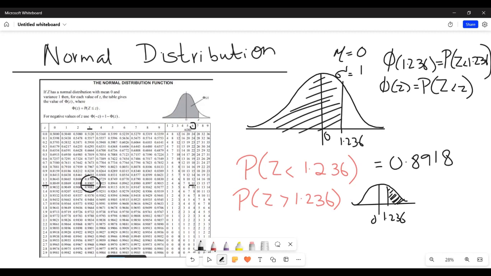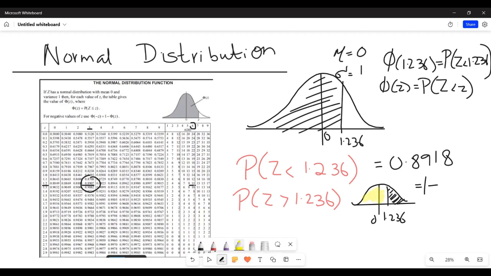However, if you're using the table, that means you have to use Z is less than some value. You cannot directly use the table if it's Z is greater than some value. So you do 1 minus this area or this probability.